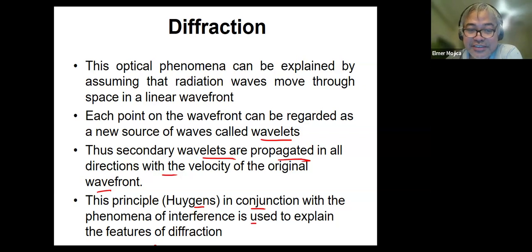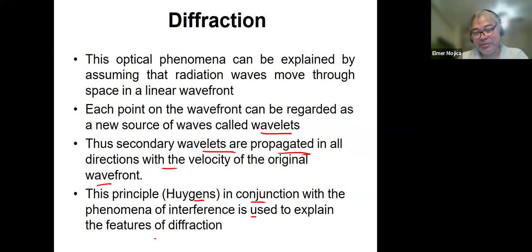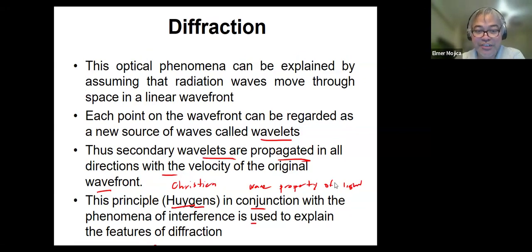Okay. Now, the key points about diffraction are in terms of light. Okay. What do you remember when you encounter the name Huygens, Christian Huygens? He established what? The wave property of light. And this is due to what we call diffraction.